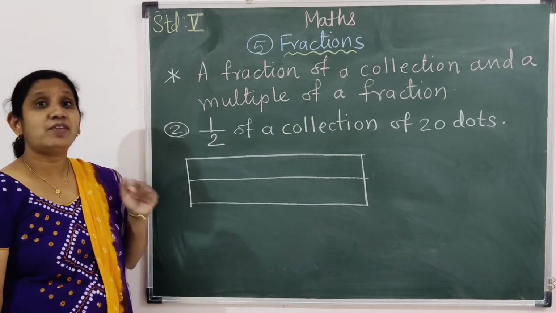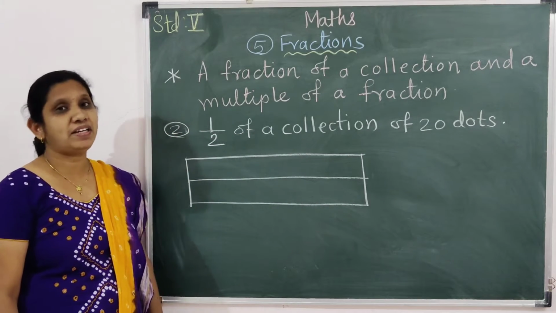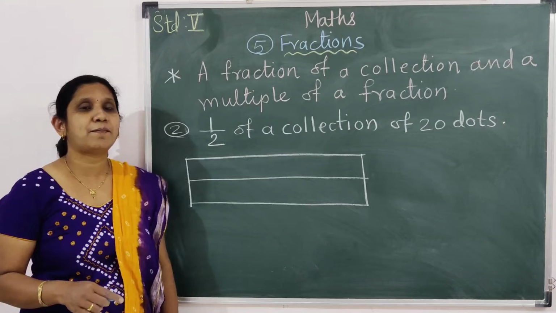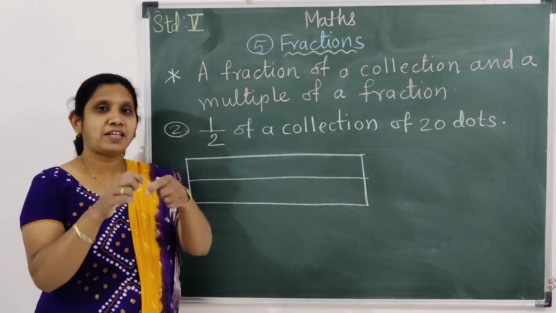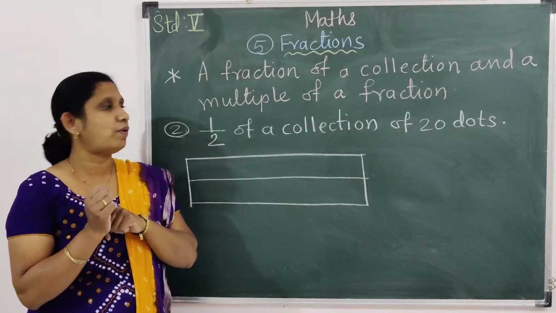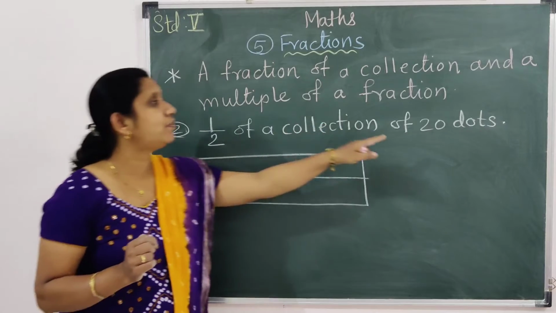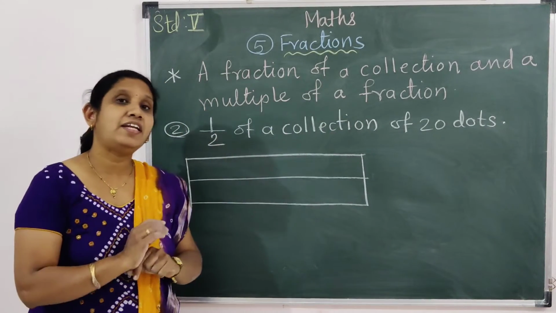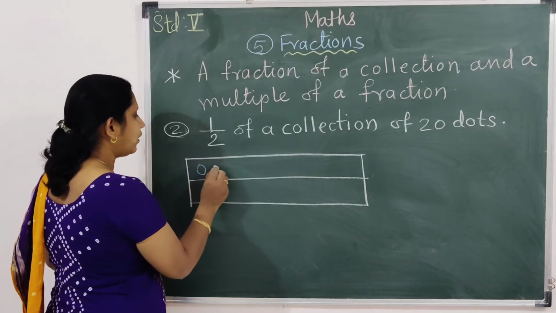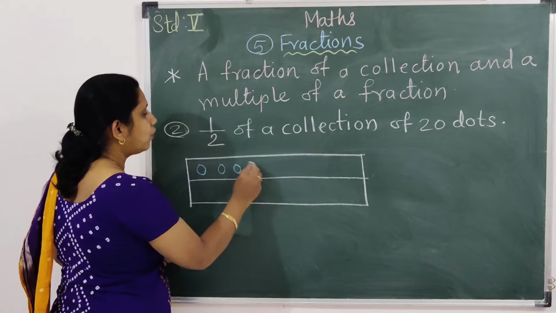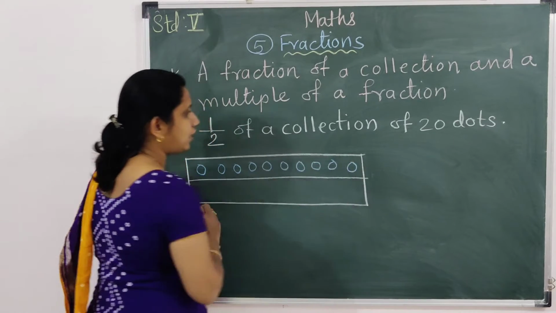Students, we'll study one more example. Half of a collection of 20 dots. As I gave you the example of the chapati, a full chapati, if you want half a chapati, then your mother breaks it into 2 parts. Same way we have to take a collection of 20 dots and divide it into half. Of course, we'll make some dots here. 1, 2, 3, 4, 5, 6, 7, 8, 9 and 10 dots.